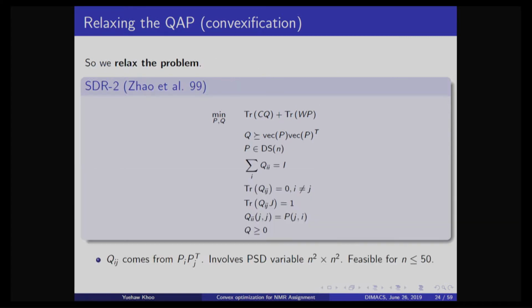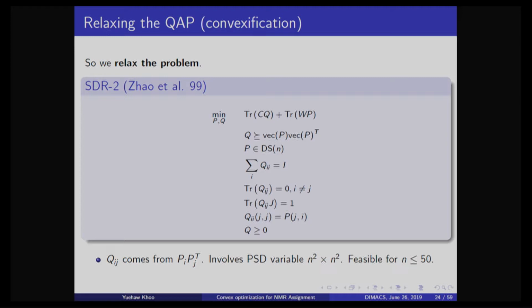Now we have this big variable Q of size n squared by n squared, and P is a permutation matrix. And in 1999, Zhao and Professor Wolkowicz wrote a paper where they lift this matrix Q into a PSD matrix of size n squared by n squared, and P is relaxed to the set of doubly stochastic matrices instead of a permutation matrix. You have a bunch of linear constraints coming from the fact that Q originally comes from the permutation matrix.